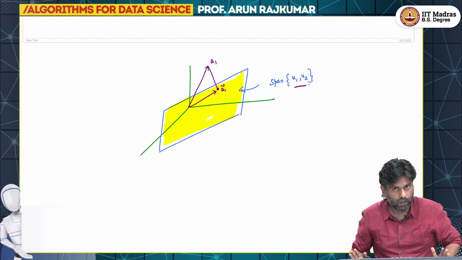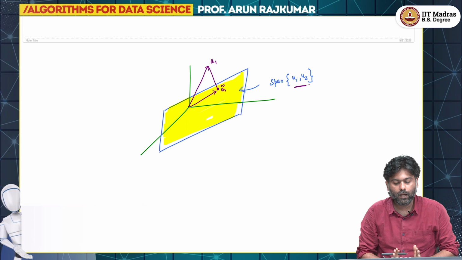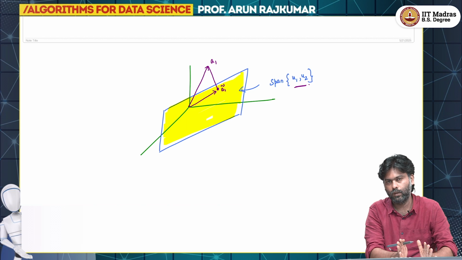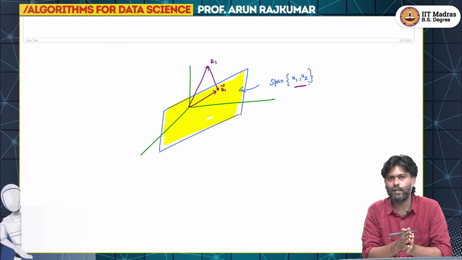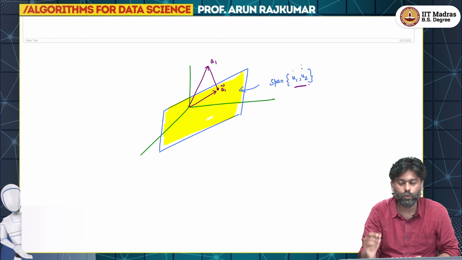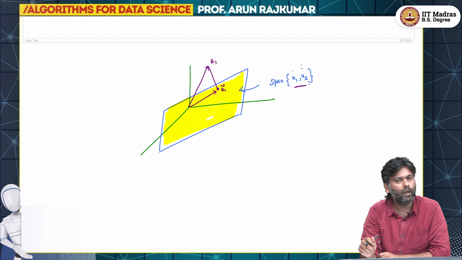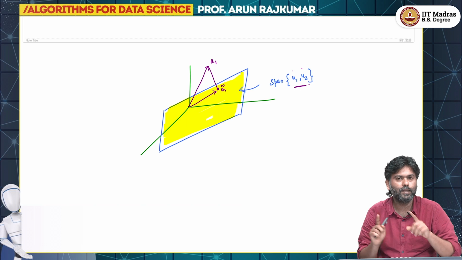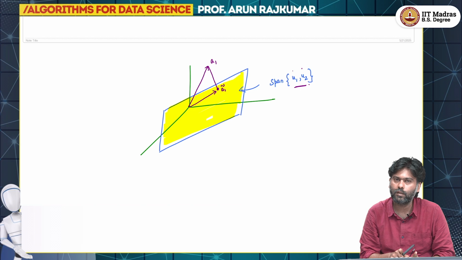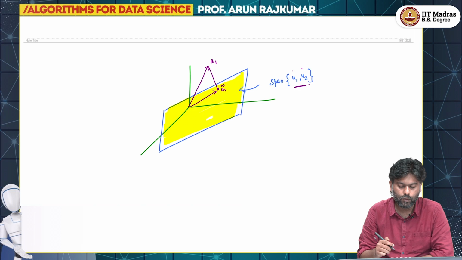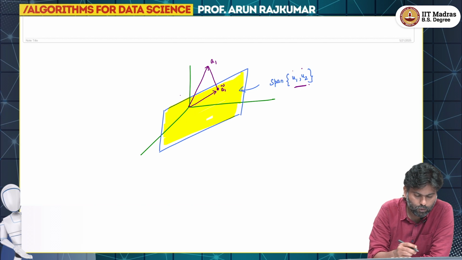Now, if that is all I need, then I somehow need this subspace. I don't necessarily need U1 and U2 specifically. All I need is some basis for this subspace. Of course, U1 and U2 will be in this subspace.